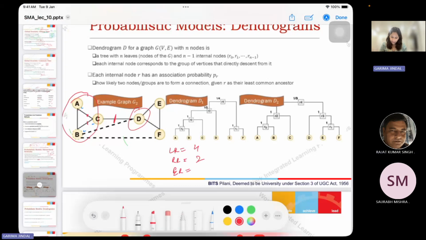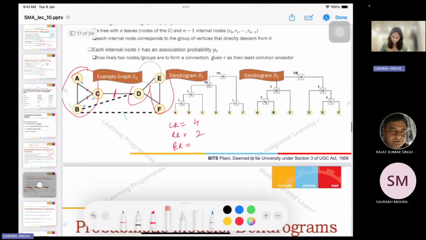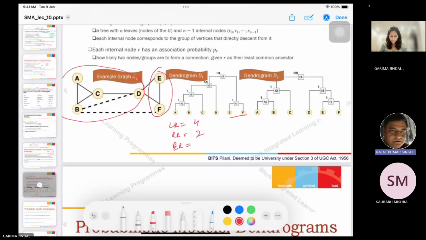On the right side I have this group, and on the left side I have this entire group. How many edges are connecting these two groups? 2. So the probability will be 2 into 2 by 4, so this will be 1 by 4.